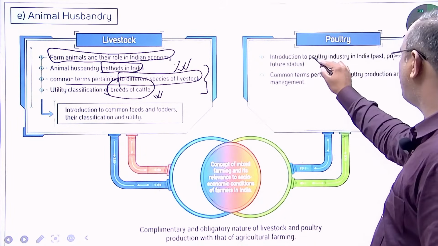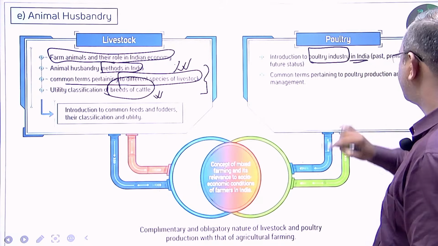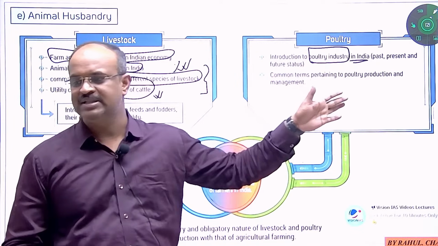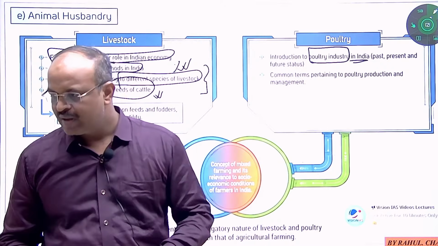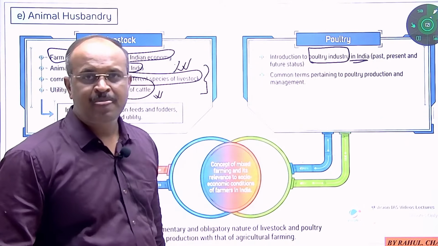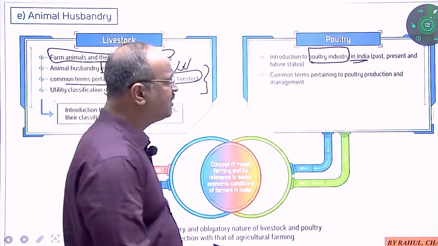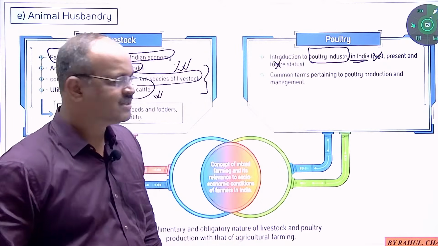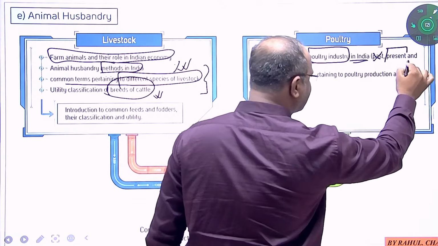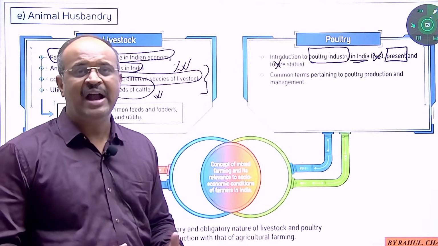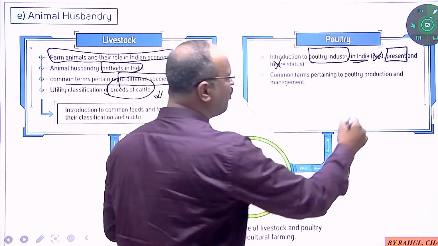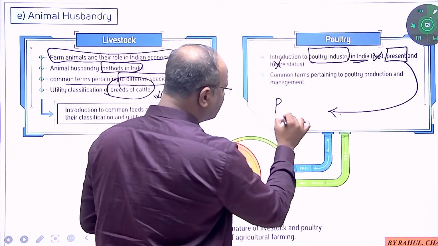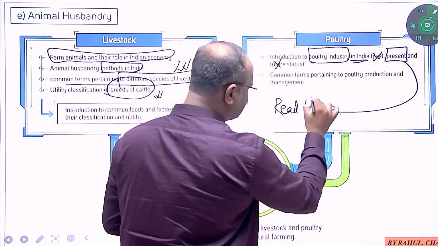Then introduction to poultry, again it is very important. So what it says, it is the past, present and the future status. But here I won't say that they will focus on the past or the future statistics or the status. They will be focusing on the present. So for understanding the present status of the poultry, we need to read about certain reports.